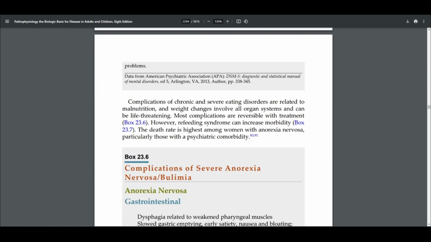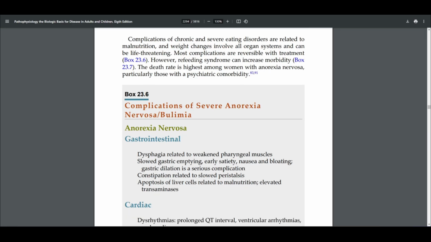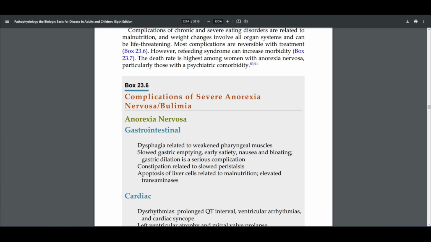So, complications of chronic and severe eating disorders are related to the malnutrition and weight changes, involve all organ systems, and can be life threatening. Most complications are reversible with treatment. However, refeeding syndrome can increase morbidity. The death rate is highest among women with anorexia nervosa, particularly those with a psychiatric comorbidity.